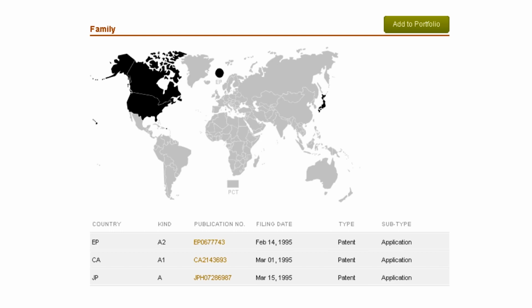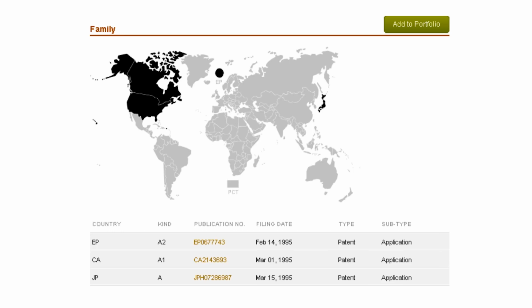Yeah, that's a really good point. And I think the last point too on the family analysis, especially when you're analyzing a patent of someone else, just because there's, in this example, coverage in Canada, Japan, Europe, in addition to the U.S., doesn't mean that the scope of those claims are going to be the same.